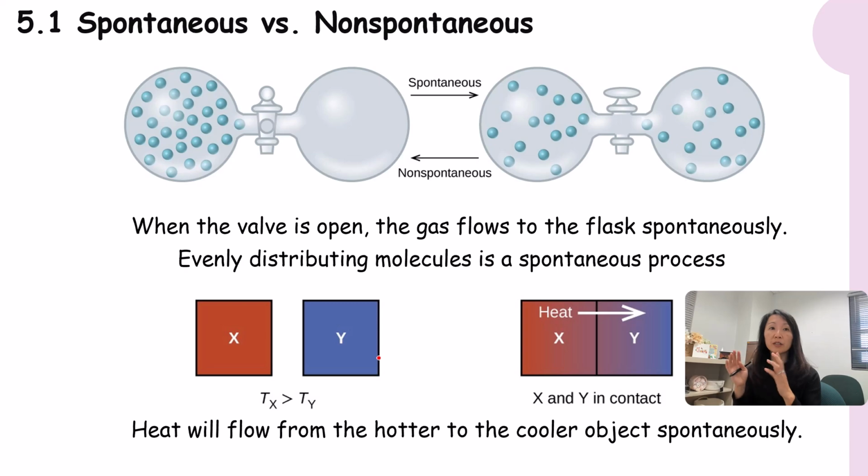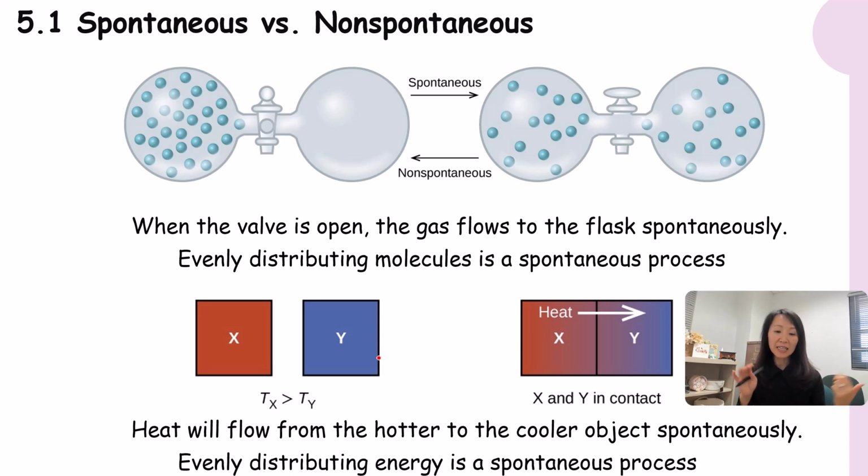Heat transfers from hotter to colder objects, and that happens spontaneously. So evenly distributing thermal energy is also considered a spontaneous process. I really want you to note this: evenly distributing molecules and evenly distributing energy will provide a spontaneous process.